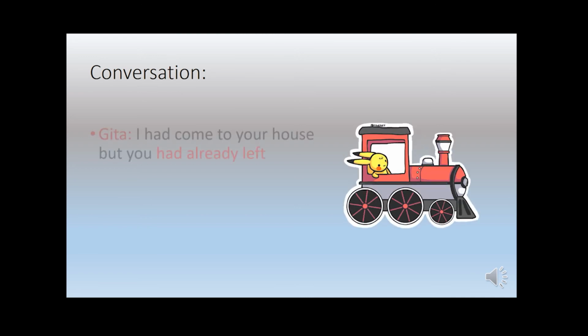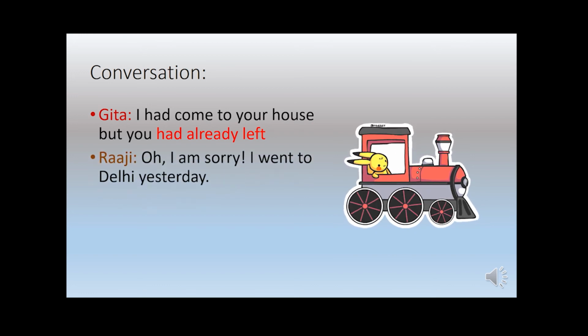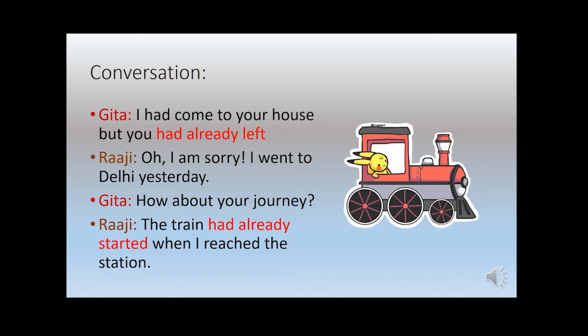Here, two persons named Geeta and Raji. Geeta: I had come to your house but you had already left. Raji: Oh, I am sorry. I went to Delhi yesterday. Geeta: How was your journey? Raji: The train had already started when I reached the station.